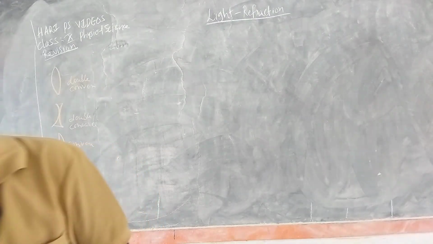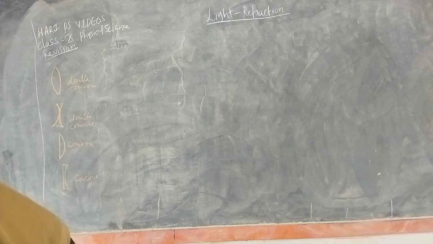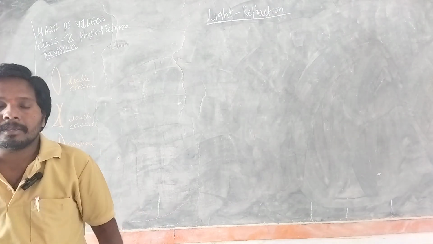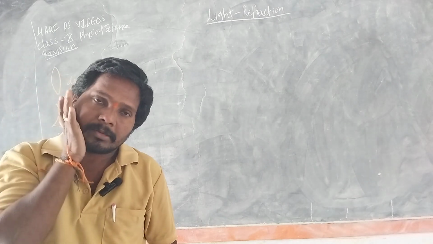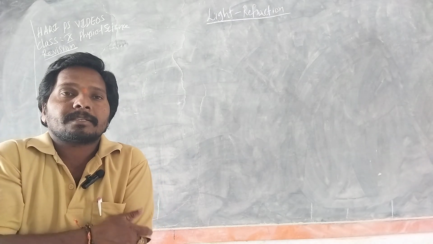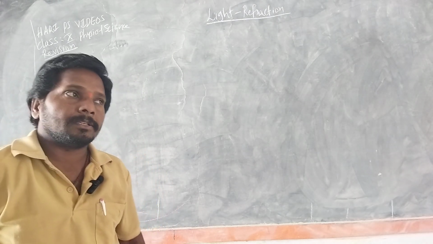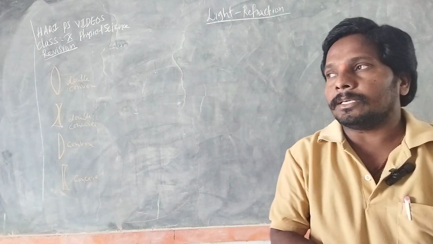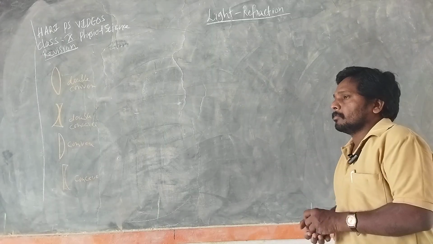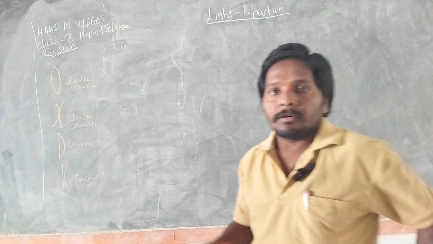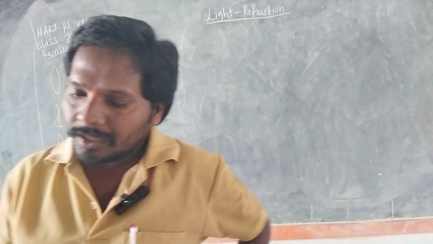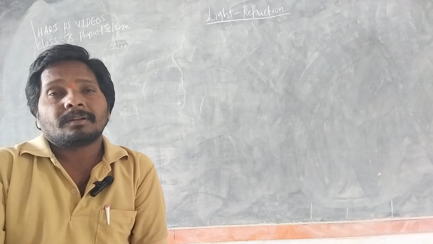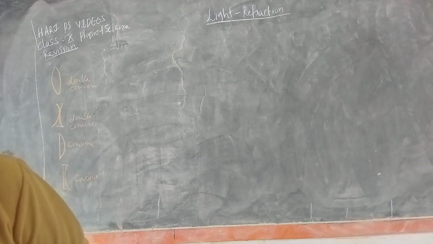So let us discuss image formation by a convex lens. Certain rules, as usual, we know. Once you understand image formation by a concave mirror, then understanding image formation by a convex lens is also easy.